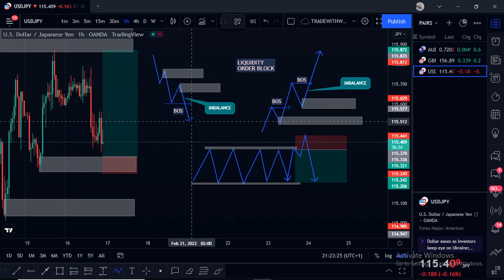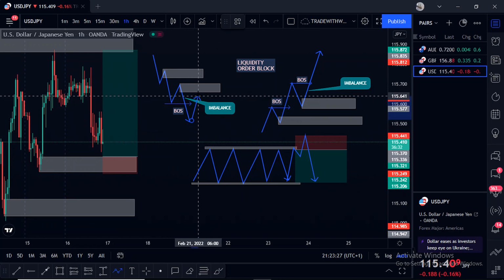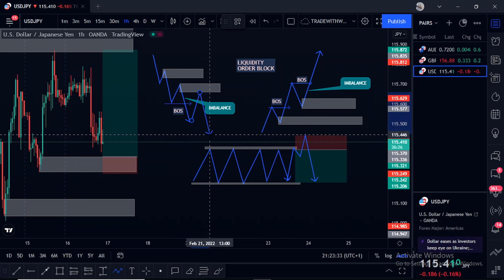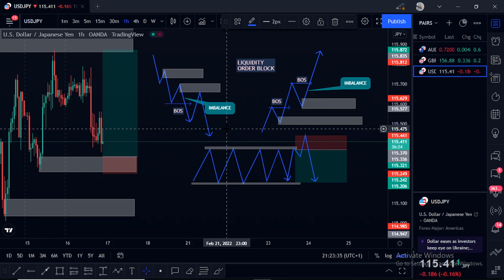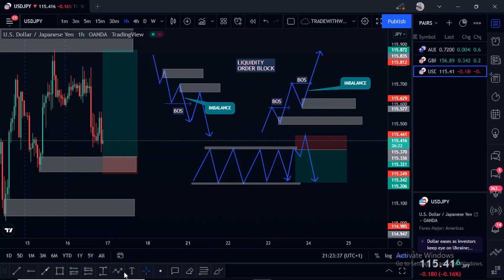Mitigation is when the market returns back to an order block, to mitigate it or to retest it, and then finally moves in the desired direction, like that.